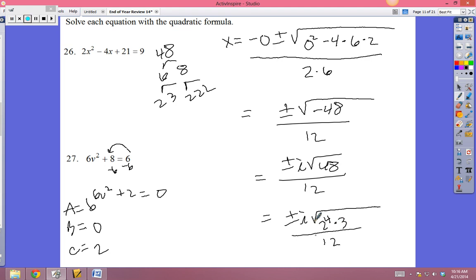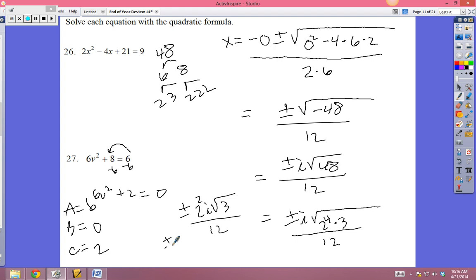So now let's pull our 2's out. And we should have plus or minus 2 squared times i. 3 stays in and 12 is on the bottom. And 2 squared, that's the same as 4.